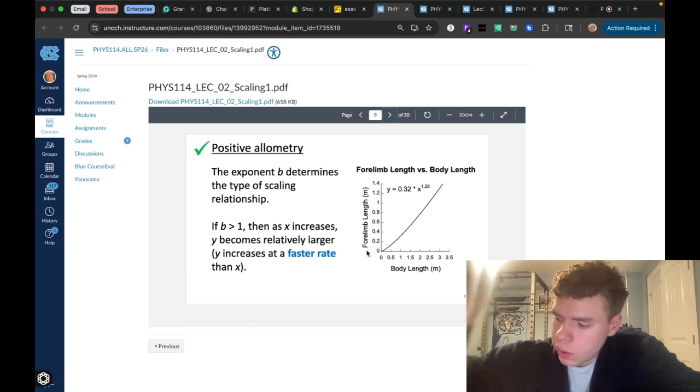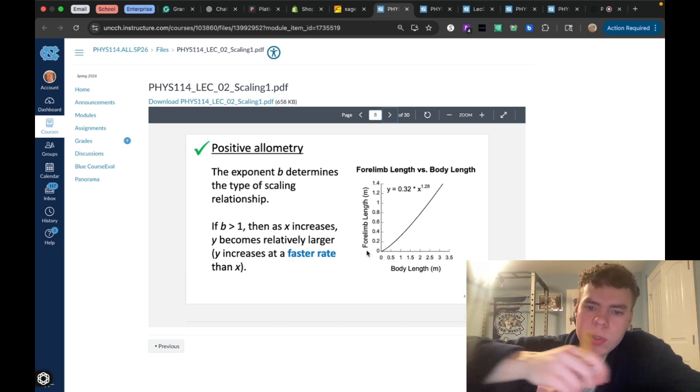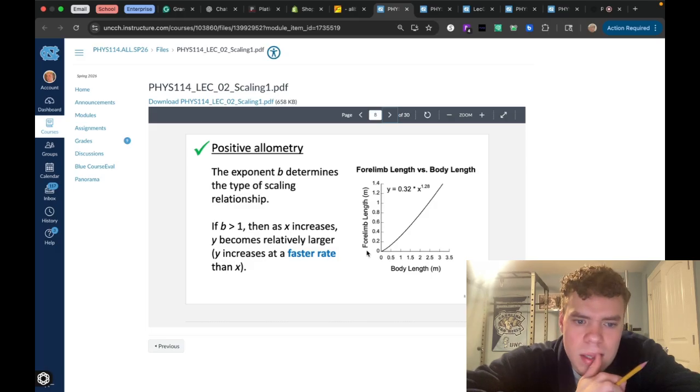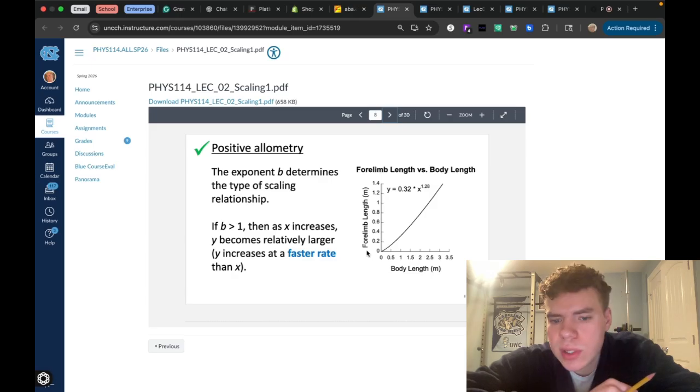So it looks like b in this situation is 1.28. So that means y increases at a faster rate than this. This is implying that as body length gets bigger, forearm length increases faster than body length proportionally.